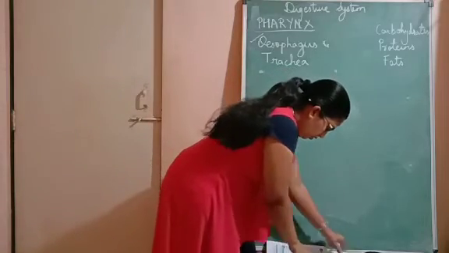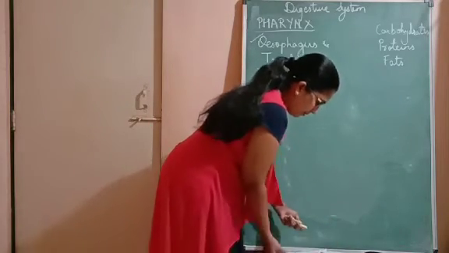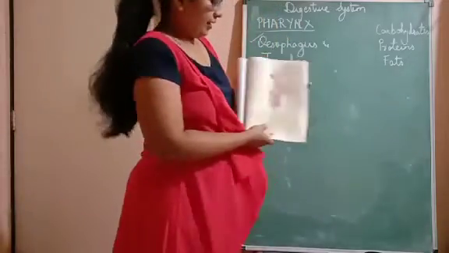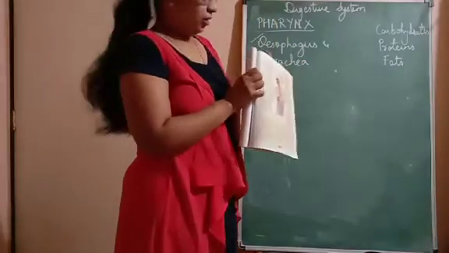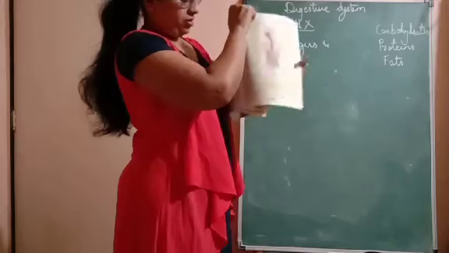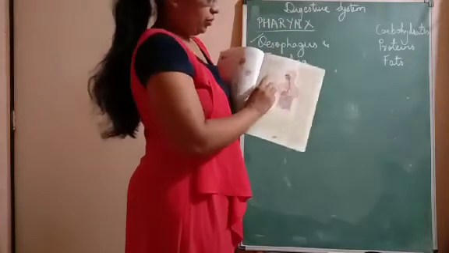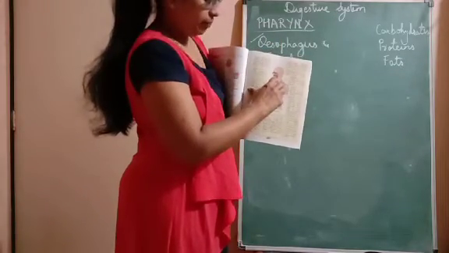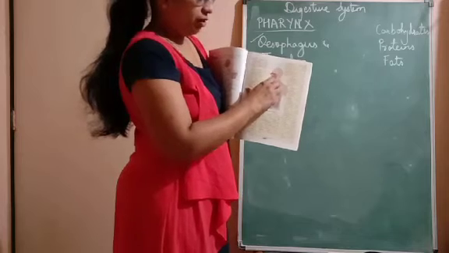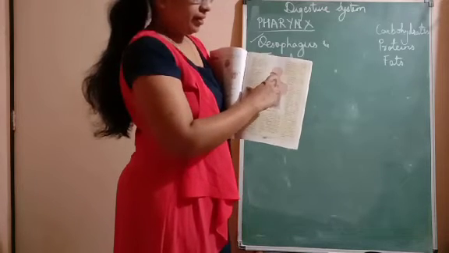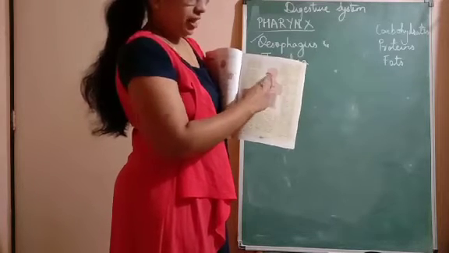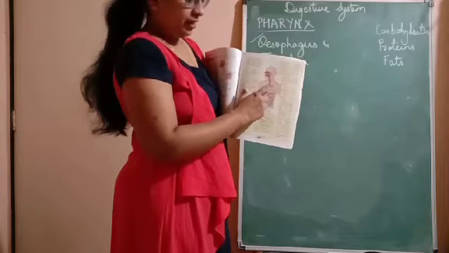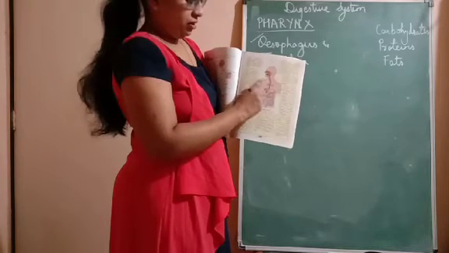So let's have a look at the pharynx on this page. You can view that this point which is given is the beginning of both the windpipe, which enters into the lungs, and the food pipe, that is the esophagus.